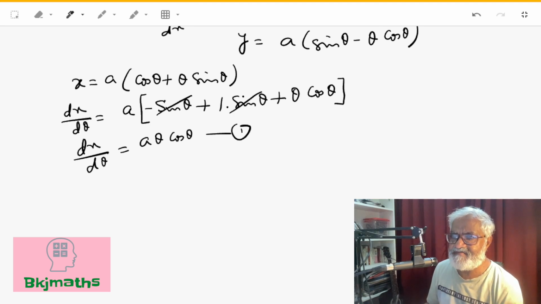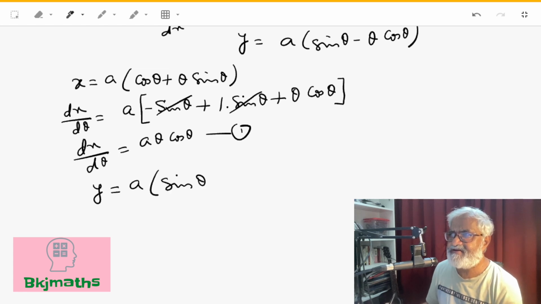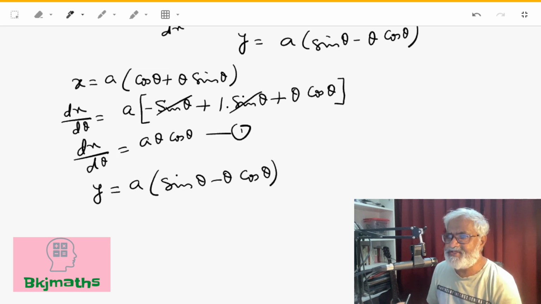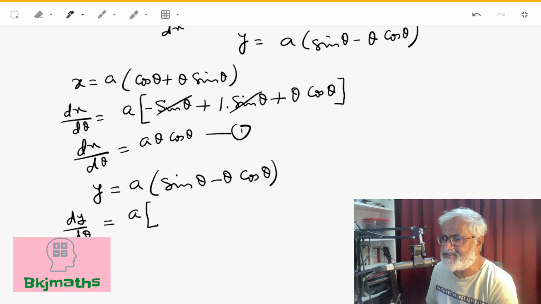y equals a into bracket sin theta minus theta cos theta. Differentiate both the sides with respect to theta. So dy by d theta equals a as it is constant. Differentiation of sin theta is cos theta minus, here again the product rule.